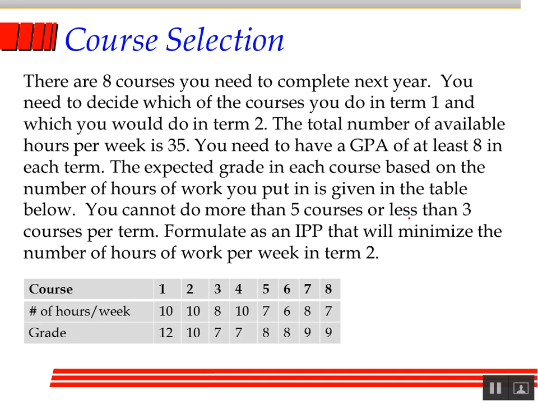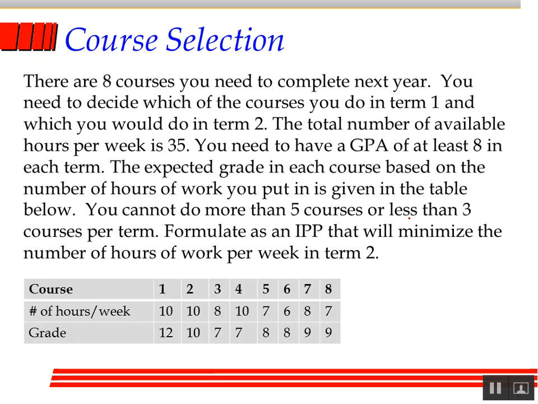So you have lots of constraints which guide you to select the courses, right? And you also have this kind of input-output relationship. So if you take course 1, you will spend 10 hours per week, and you will get a grade of 12. If you take course 5, you will spend 7 hours per week, and the grade will be 8.